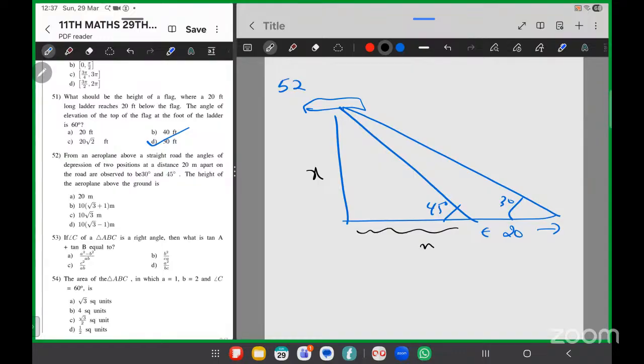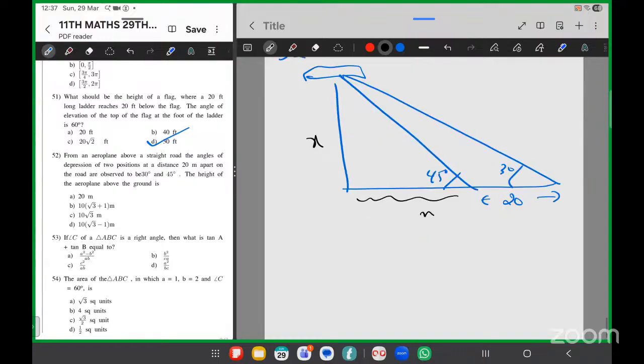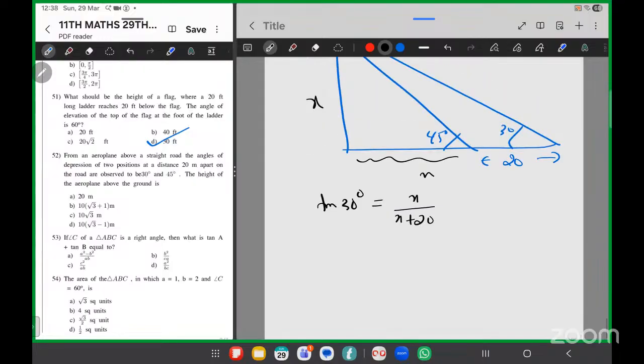So we know what we need. Height of the aeroplane. That means I can write tan 30 equal to x by x plus 20. Tan 30 is 1 by root 3. So 1 by root 3 is equal to x by x plus 20. So root 3 x is equal to x plus 20.